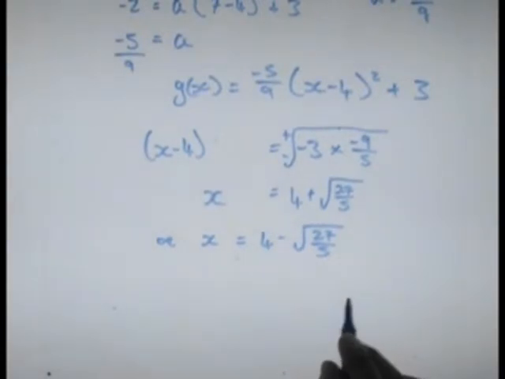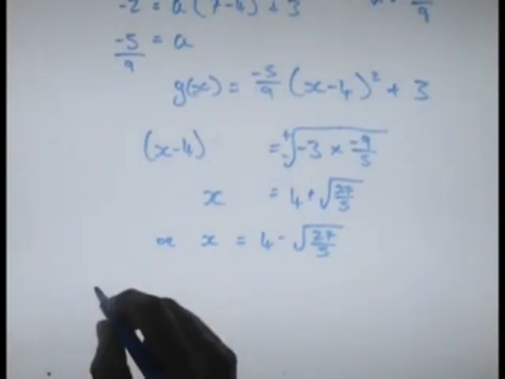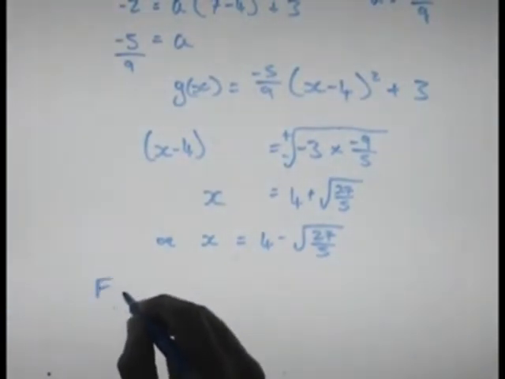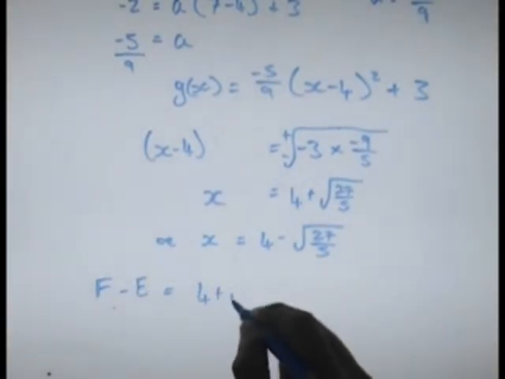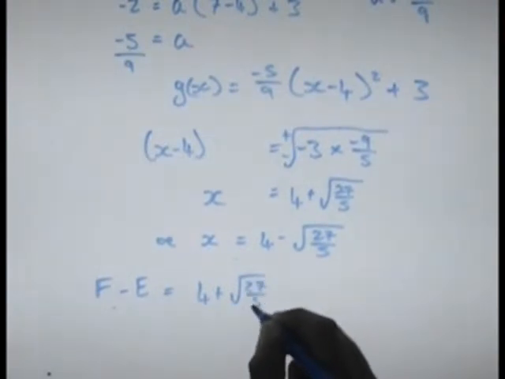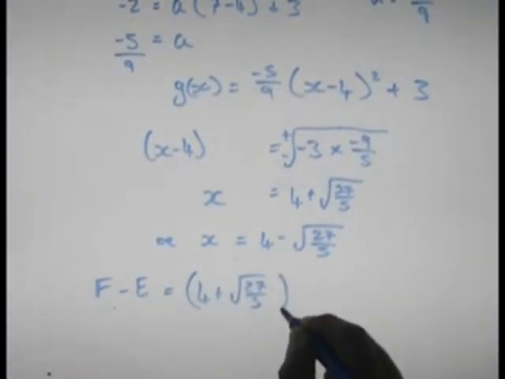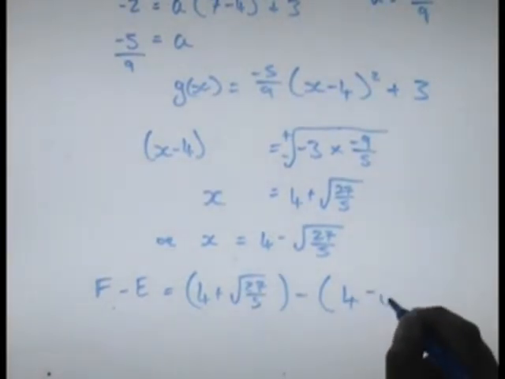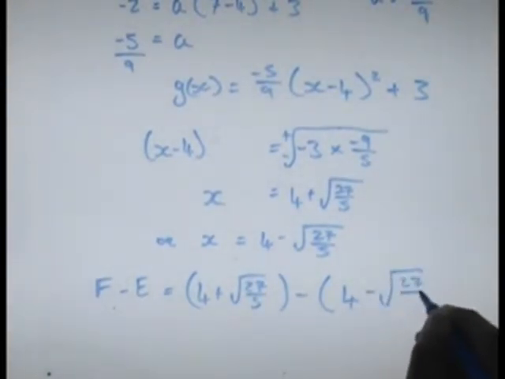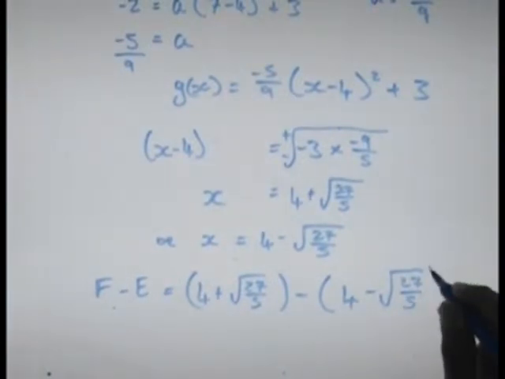Hence, to get my distance EF, I'm going to take point F minus point E, which is equal to 4 plus root 27 over 5 minus 4 minus root 27 over 5.